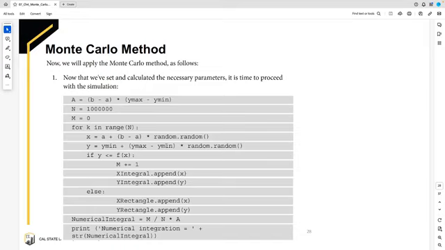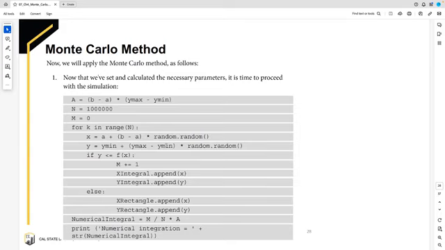So every time a new random number is generated, I have the function value f of x, right? I can compare the y value which I generated with f of x. If y is less than or equal to f of x, it means that it's under the curve and I'm going to keep it.